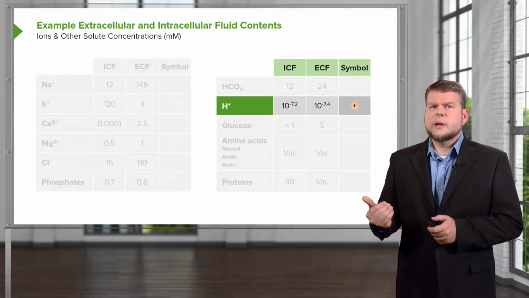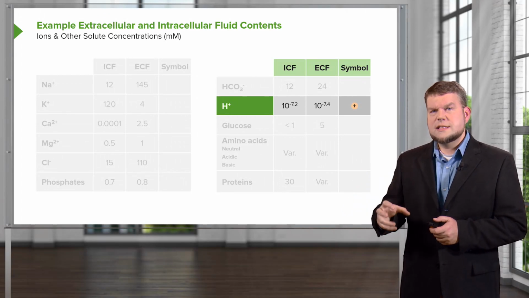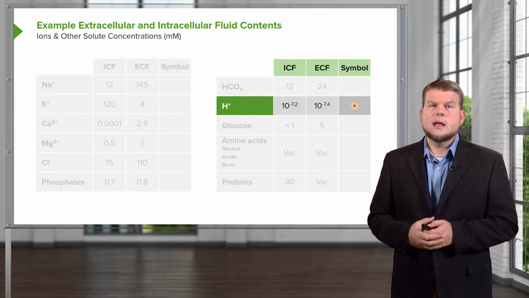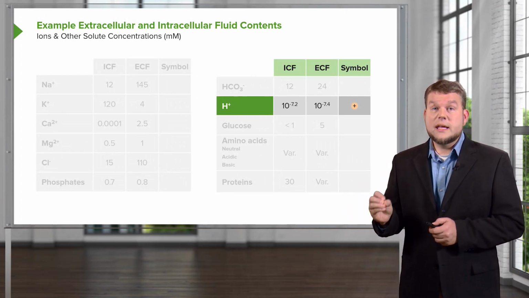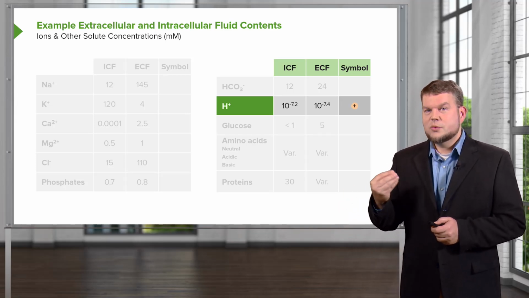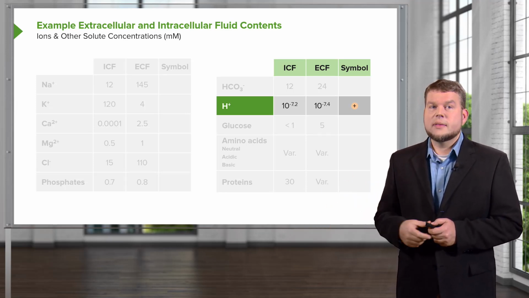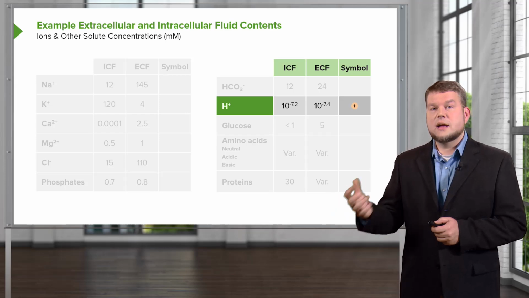So you think about this, we have all of these different ions with different concentrations inside the cell versus outside the cell. We have to think about what that is going to mean for that cell and why that might occur. So there's reasons why you have more sodium outside the cell than inside and more potassium inside the cell than outside.